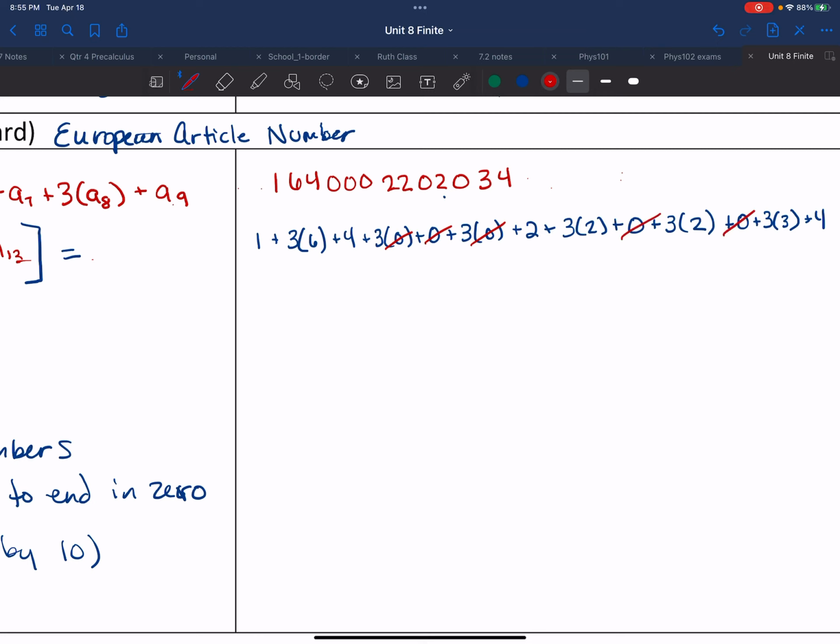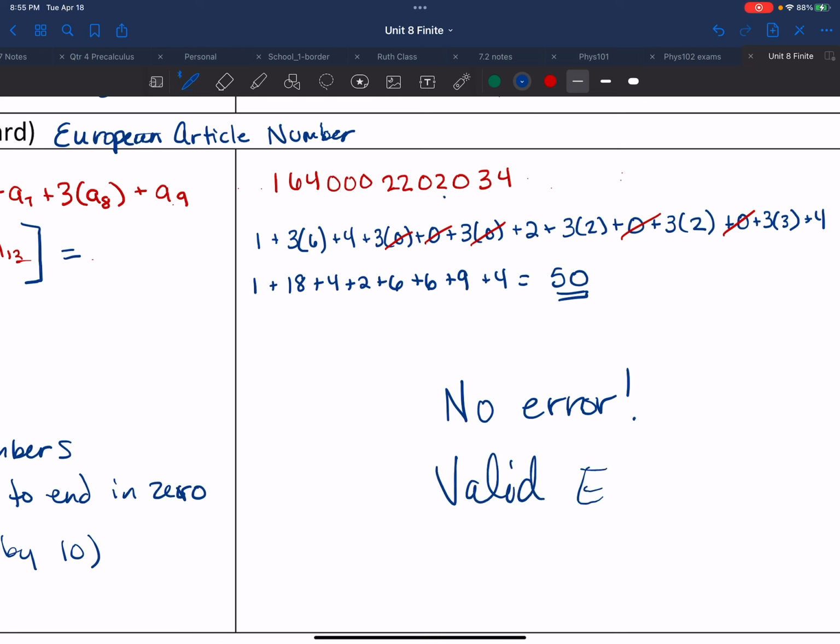And we're going to do 1 plus 18 plus 4 plus 2 plus 6 plus 6 plus 9 plus 4. So when I add all of those up together, I end up with the number 50. Okay, so is there an error in this? Nope, no error. So we have a valid EAN number.